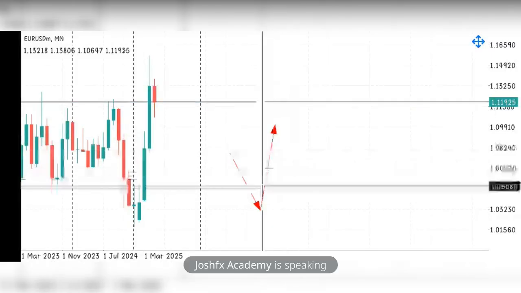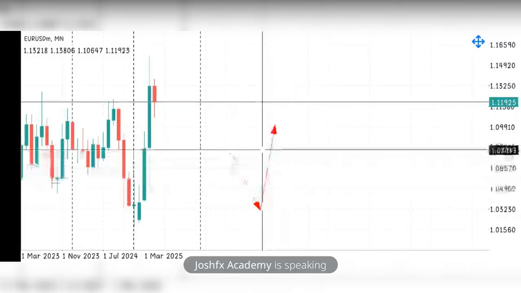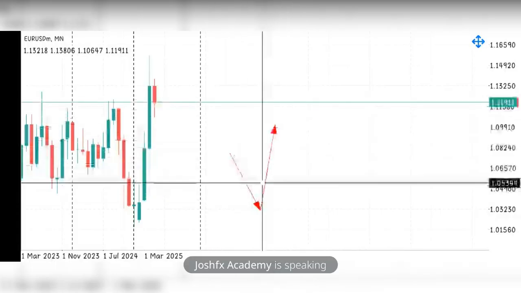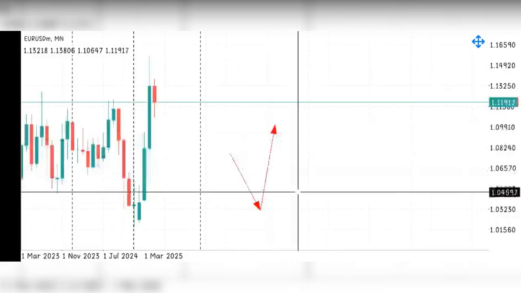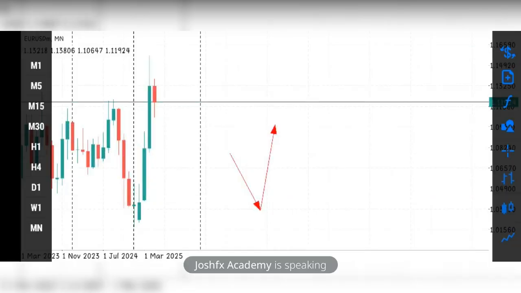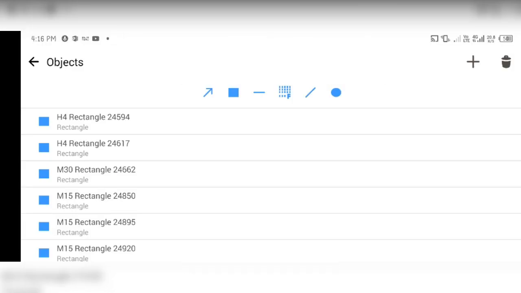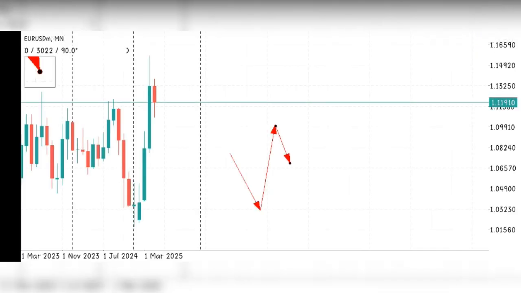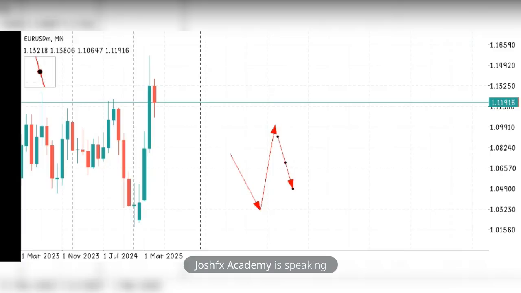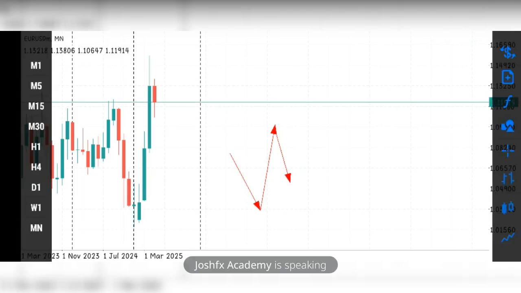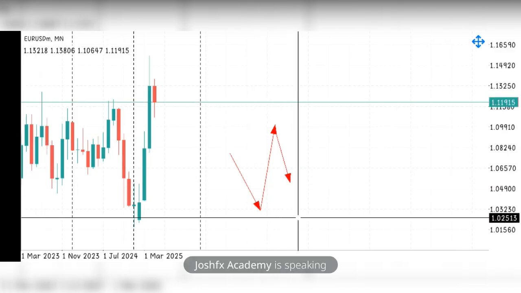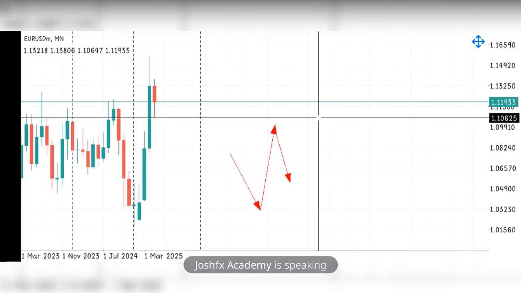How to read it is that the market trades from liquidity to liquidity. So when the market breaks the external range, it will definitely come for the internal range. And when it enters the internal range, definitely it's going back to the external range again.